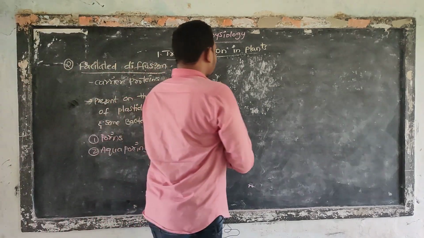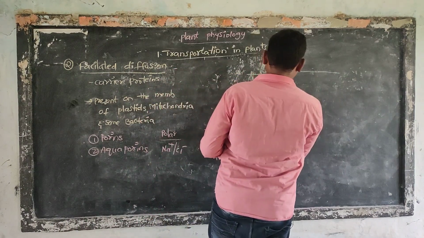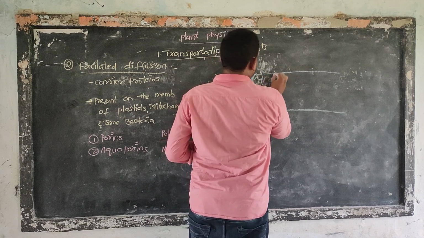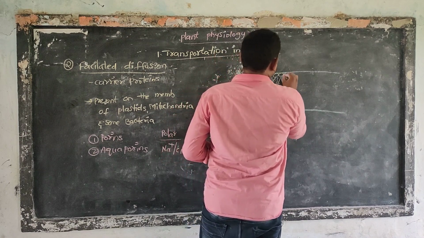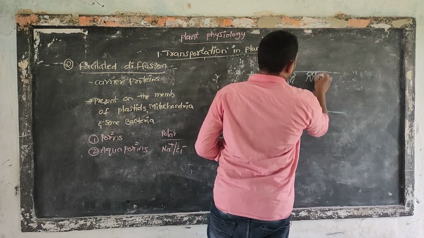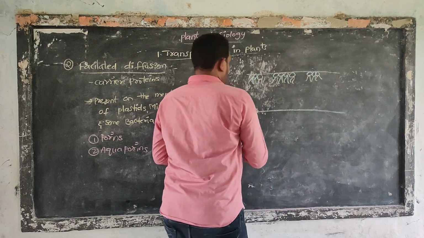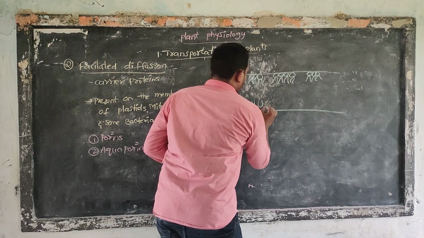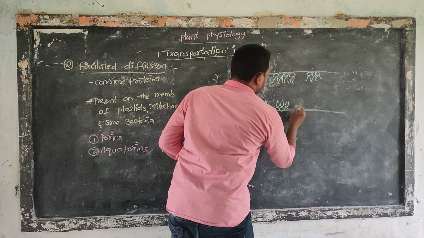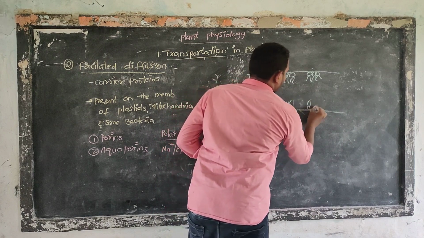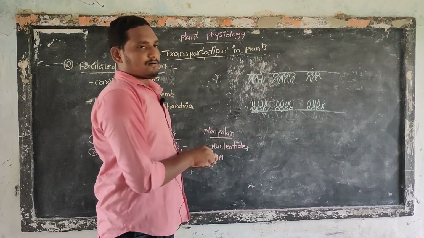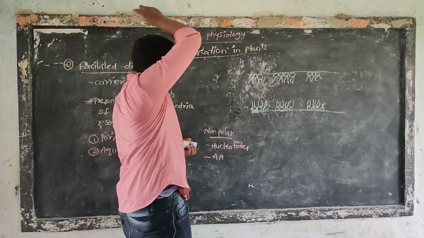For example, this is a plasma membrane, made of a lipid layer. This is the fat lipid bilayer.